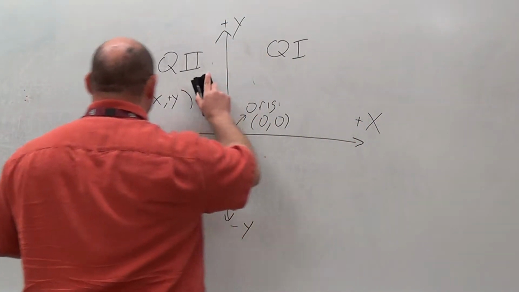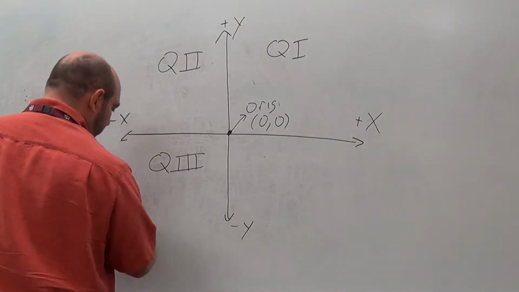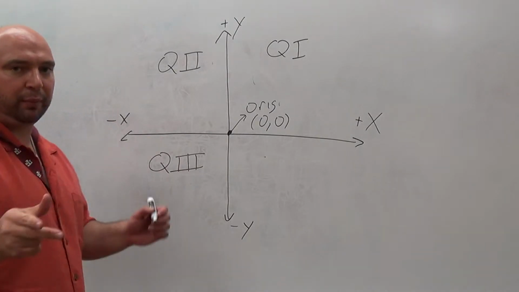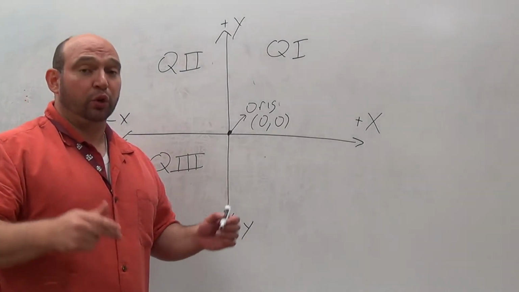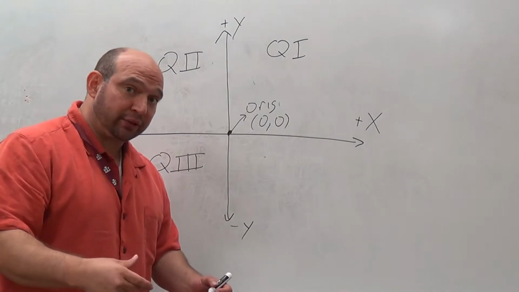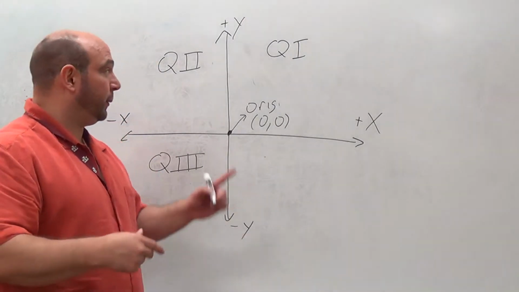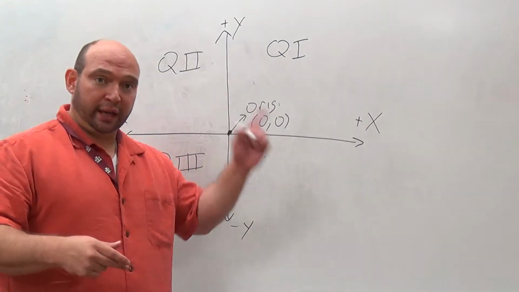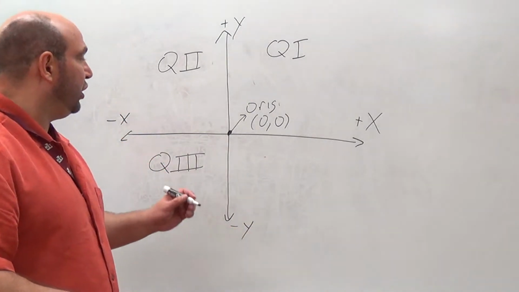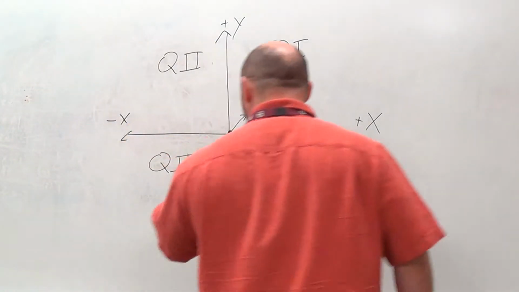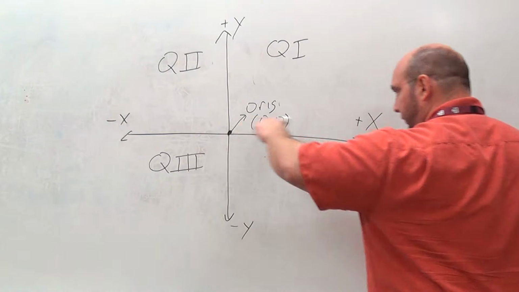Now, the way that we write, you'll notice I put my x and then my y. Remember, if you do the alphabet, x comes before y. In our coordinate system here, x comes before y, okay? So with that said, this is my x-axis.